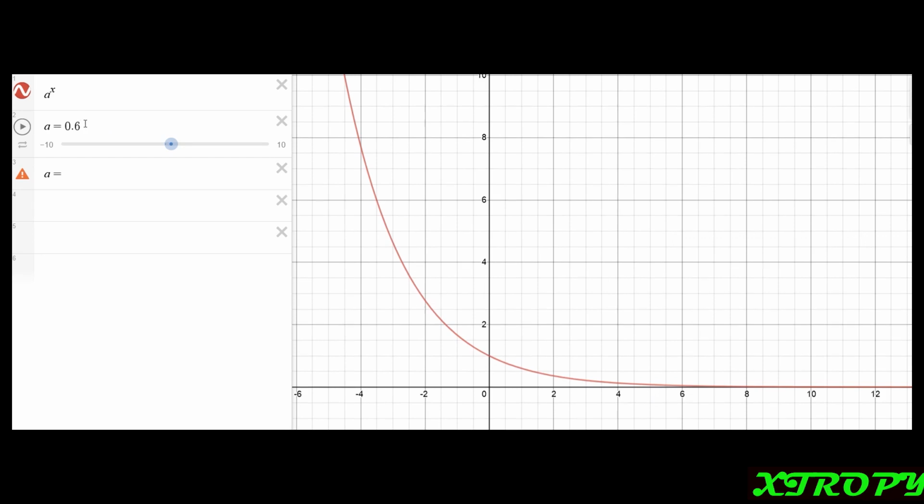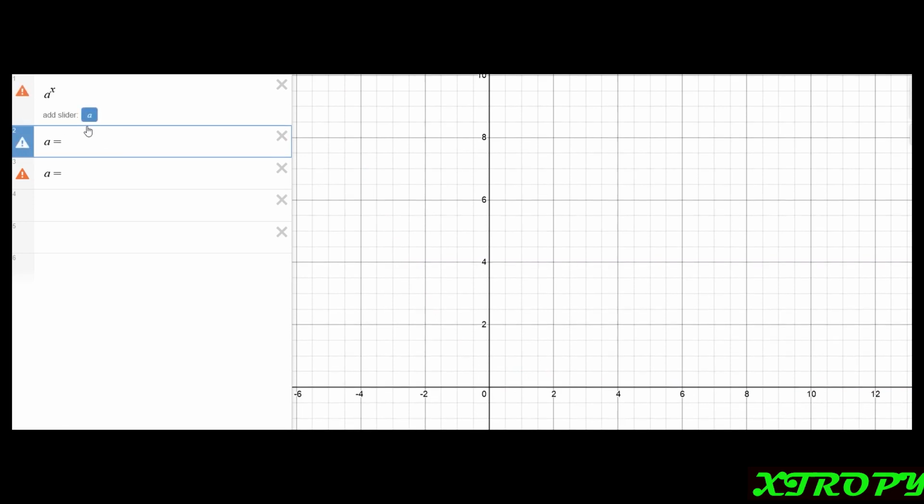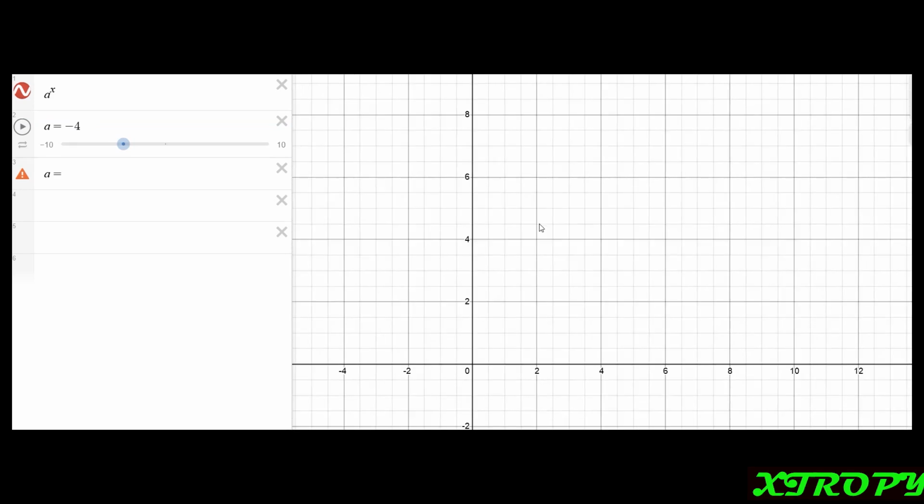Do you remember I told you earlier that the value of a cannot be negative? I also told you that y shall not be negative, because for some values of x we will get an output as a complex number. So now let's take a to be, suppose, -4. Oh, is it a glitch?